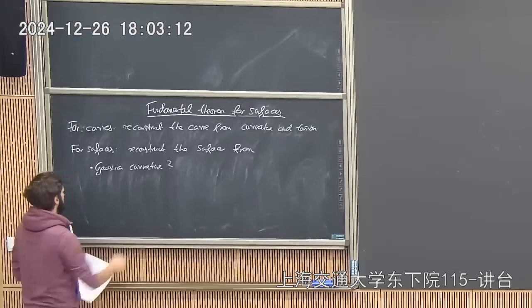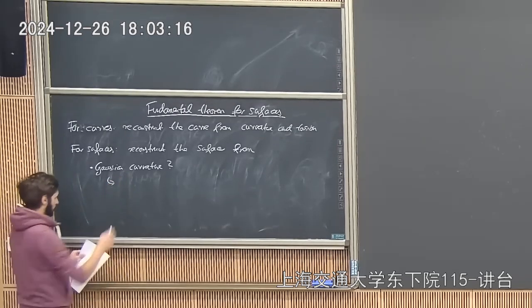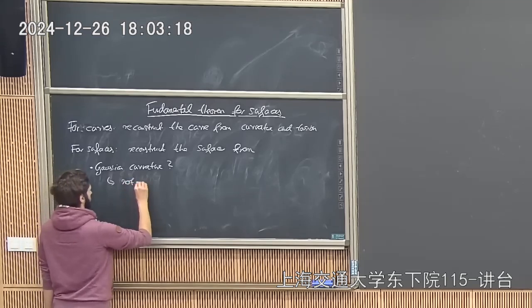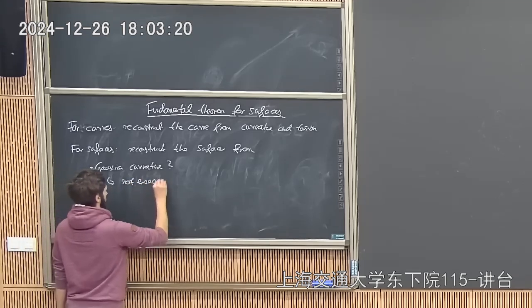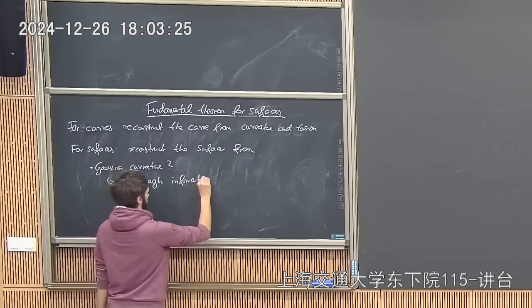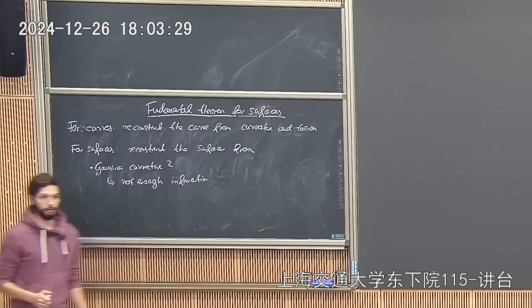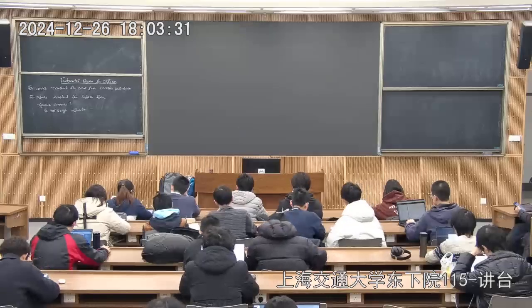So actually it turns out it's not enough information to reconstruct the surface uniquely. Why is that?